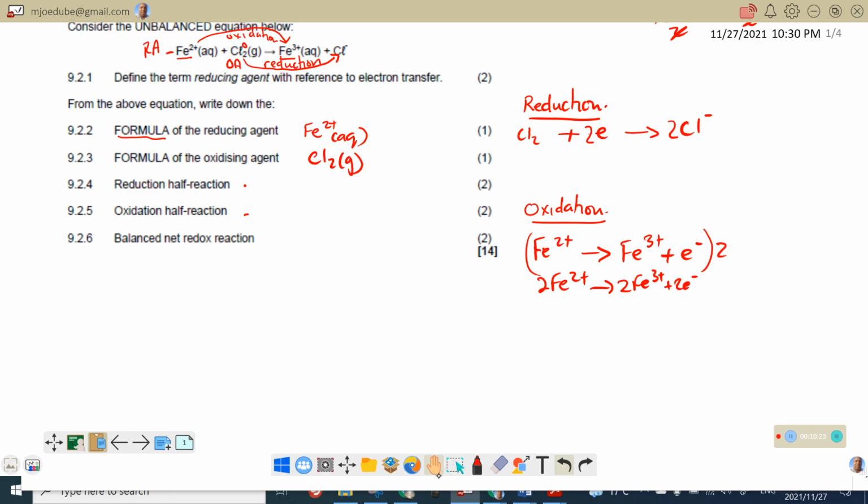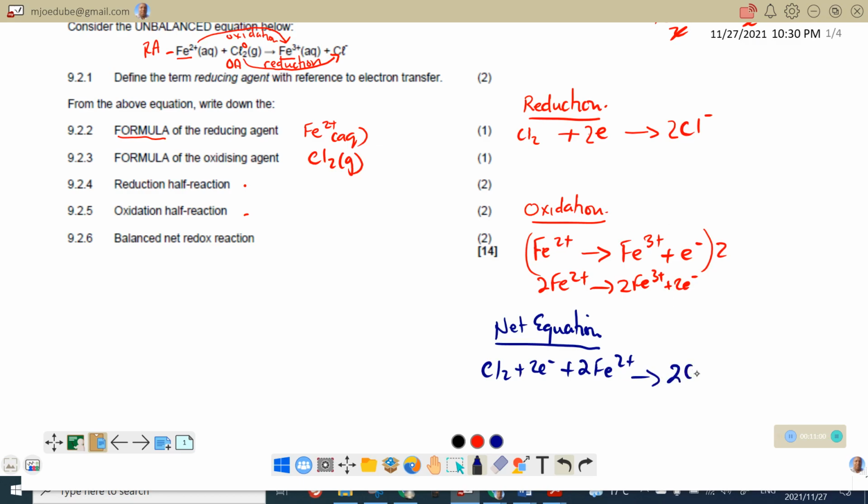In order to write the net equation, you add the reactants of the reduction to the reactants of the oxidation process, and you would write that as follows. So the net equation, write it as shown. You'll have your chlorine plus 2 electrons plus your 2Fe2+, and then what products do we get?